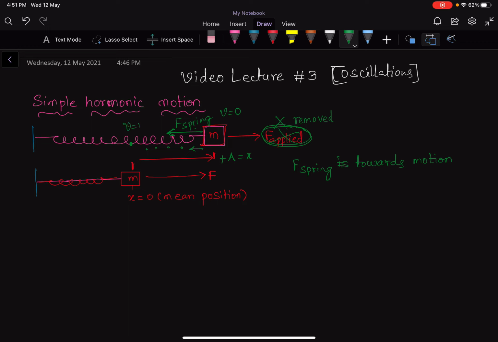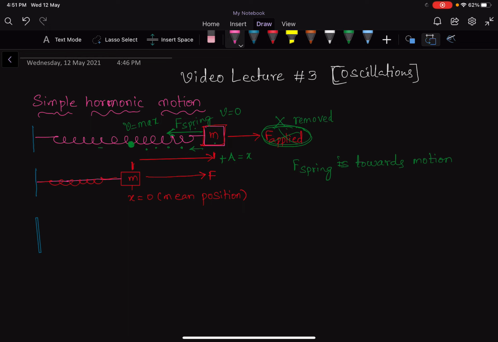Speed is maximum at the mean position. When this mass overshoots the mean position, the spring will be compressed.